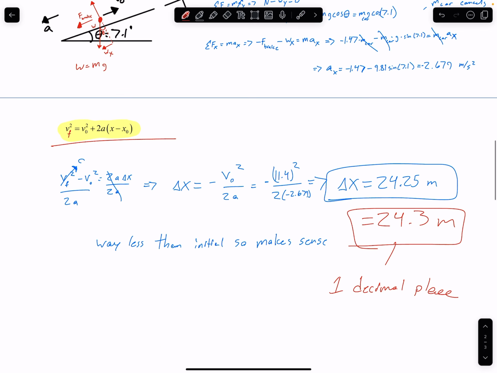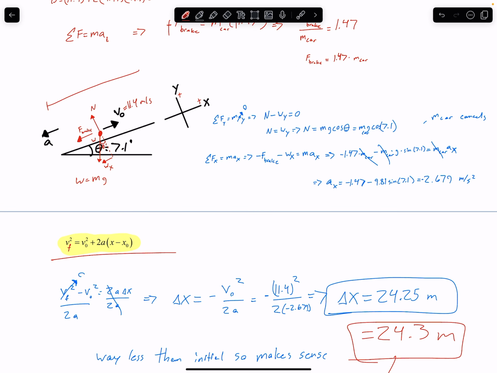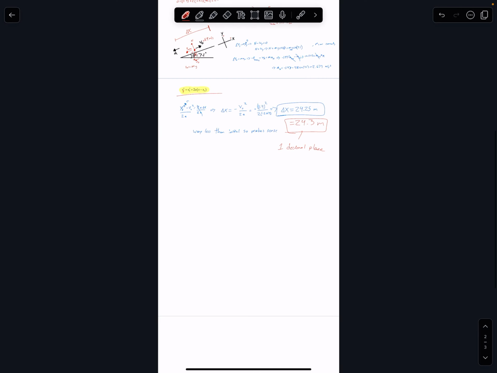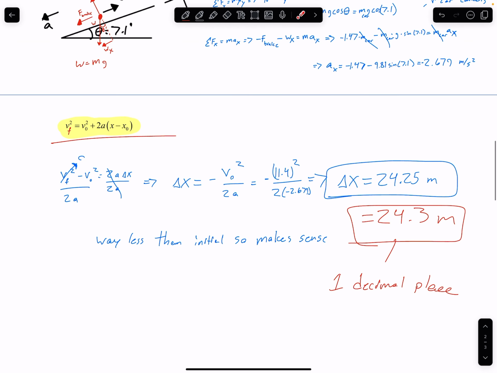And we are looking for how far up the hill it goes. So again, with final velocity equal to 0, negative v initial squared over 2a is equal to delta x, that's our equation after a bit of algebra, the same equation we used earlier. Then we get delta x is equal to 24.25 meters, or using significant figures, 24.3 meters.